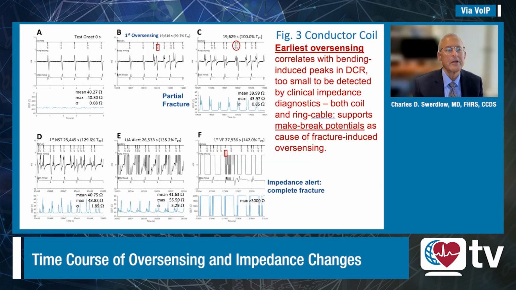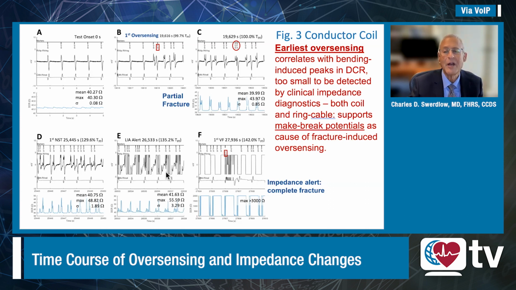Right. For example, let me just take a bigger picture, which is that progressive changes to electrograms, for example, even down in panel E in this panel where we have an oversensing alert, can occur with virtually no changes, in fact, virtually no clinically measured changes in impedance.